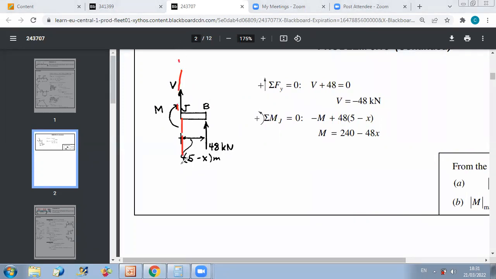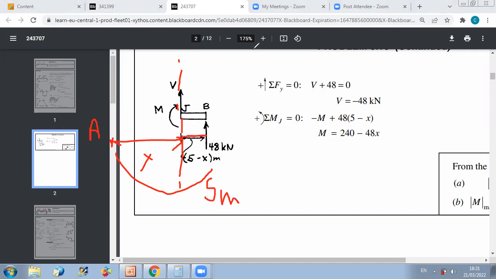So I will keep the right part, and just I keep in mind, I will not change my origin. My origin is always A. And since the distance from A to the section is X, then the remaining part will have as length the total length of the beam, which is 5 meters, minus X. So this distance is 5 minus X.